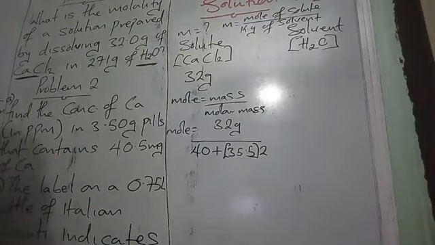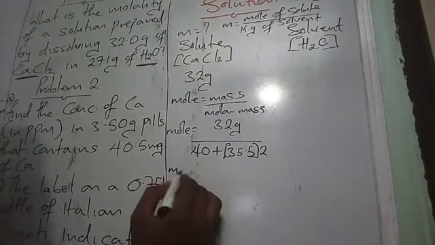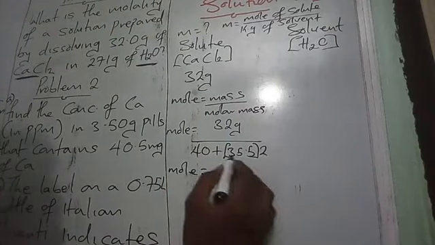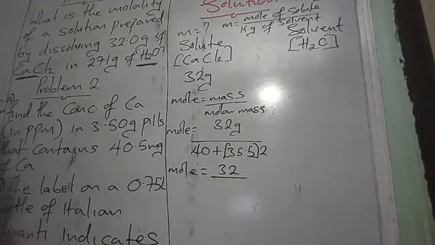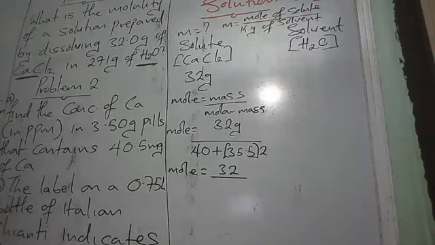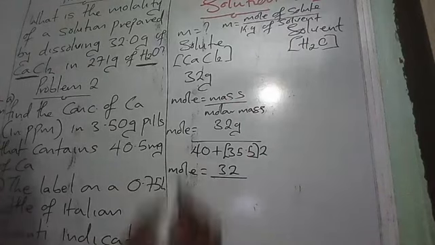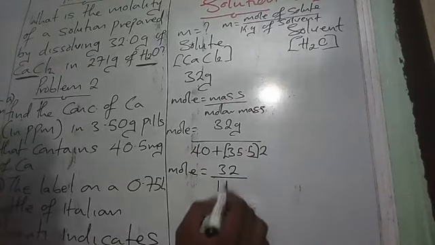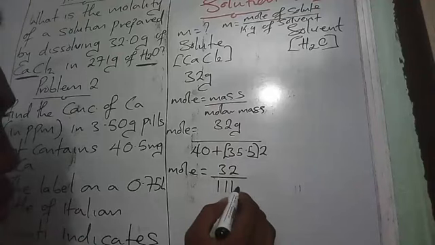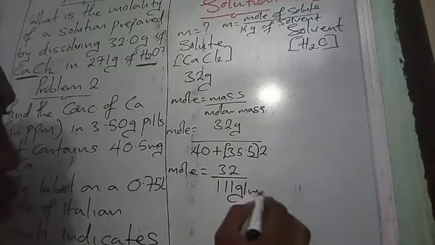You see that now? Okay, so that gives us our mole of solute to be 32 all over 35.5 times 2, which gives us 71. Then 71 plus 40 gives us 111 grams per mole.